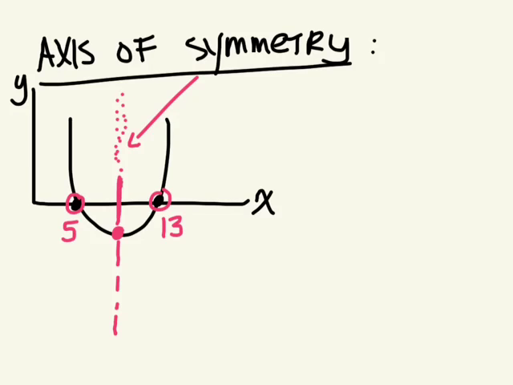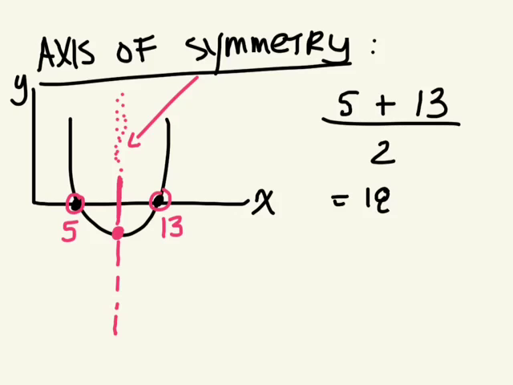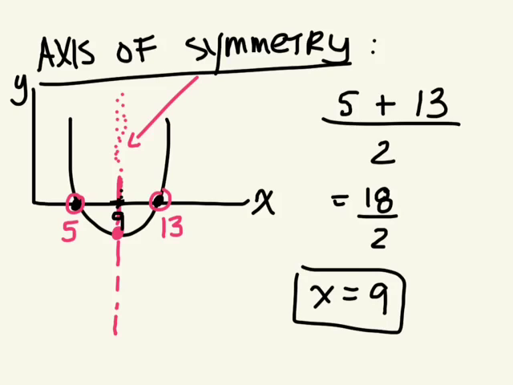We're going to add our two x-intercepts, so 5 plus 13, get the sum, and then to find the middle point, divide by 2. We're cutting it in half, okay? Think of your average. What is 5 plus 13? What is 18 divided by 2? Okay, so the axis of symmetry is located at x equals 9. That's the halfway point between these two x-intercepts.